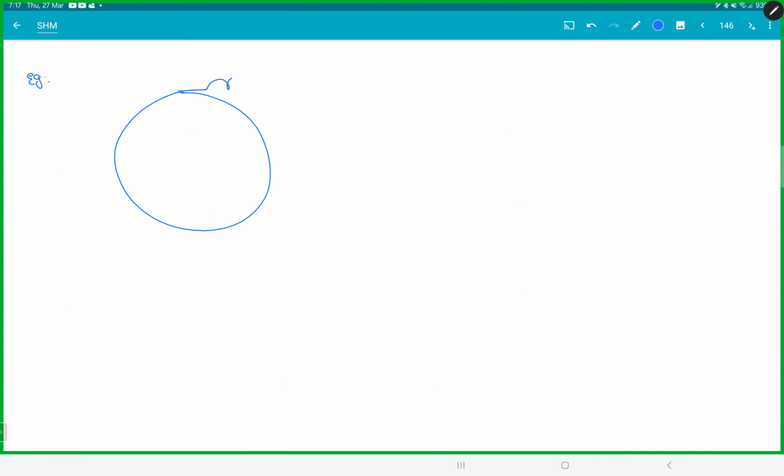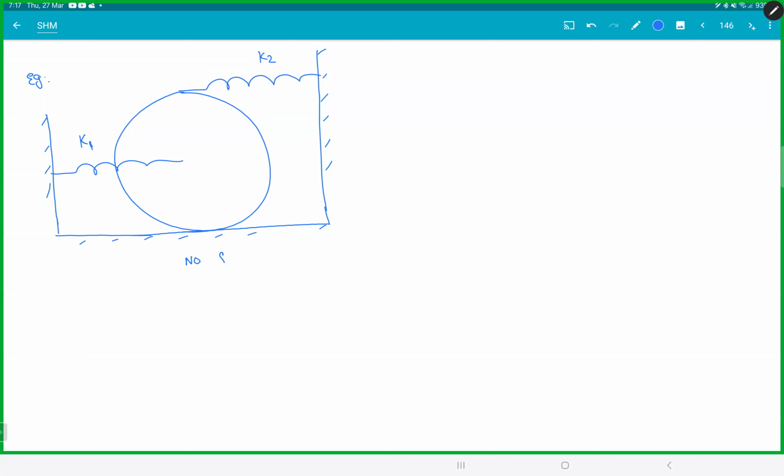Let's say we have this cylinder here. I'll just take two springs. Let's say this is K1 and this is K2. Let's say it is not slipping. Let's take it as a solid cylinder of mass m and radius r.